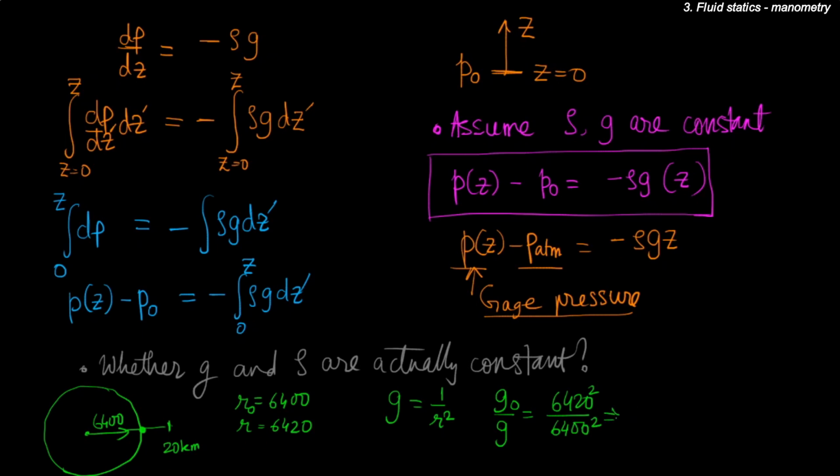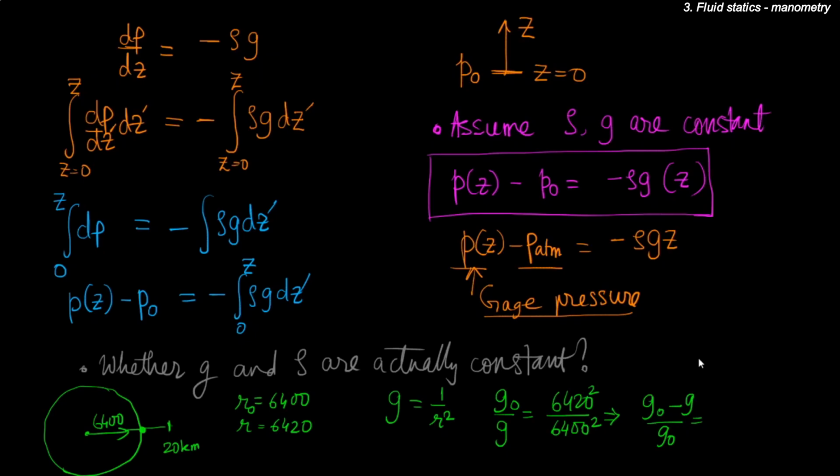If you actually do the calculation, g naught minus g upon g naught, which is the delta g upon the g at the surface of the earth, you will see that this is actually a very small fraction. And let me just pull out my calculator, my old trusty calculator from 18 years back.